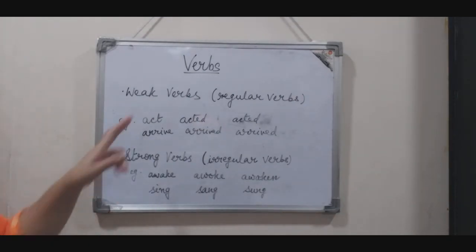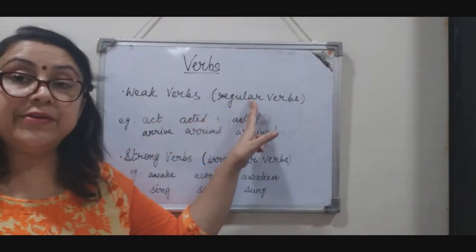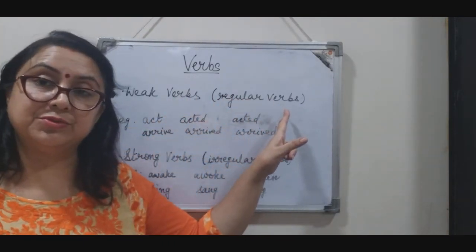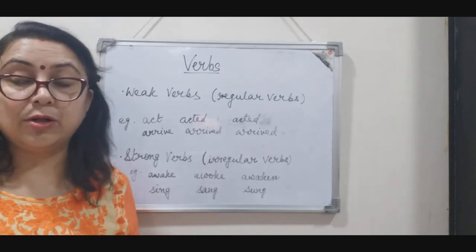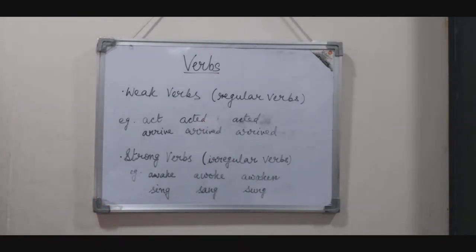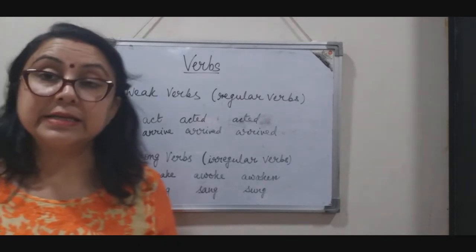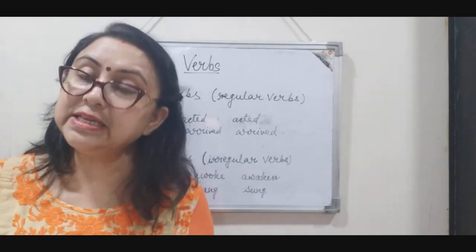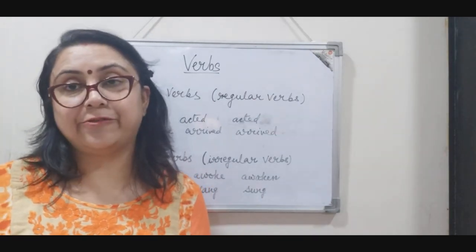Weak verbs are also known as regular verbs, right? And they form the past tense by adding ed, d or t to the base form, right?